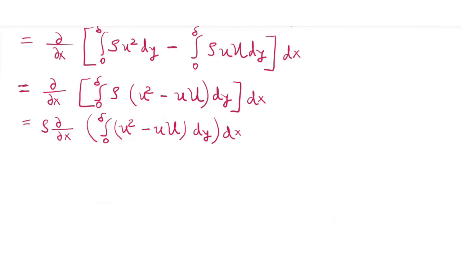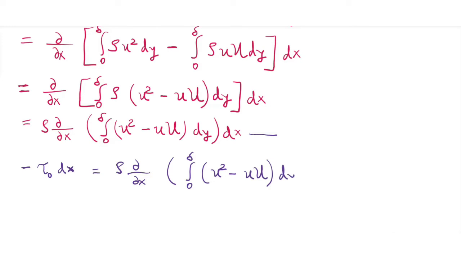Now we need to compare both the equations, which is drag force is equal to rate of change of momentum over the distance dx. So it will be minus tau naught dx is equal to rho into del by del x integration 0 to delta u square minus u U dy into dx.